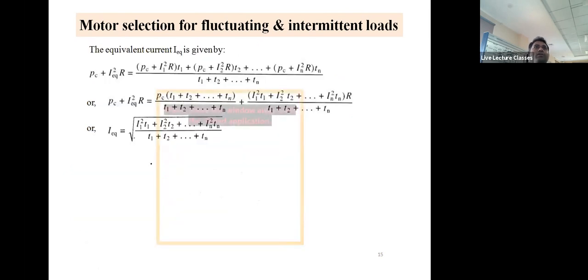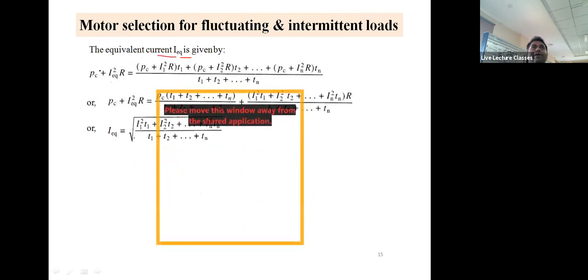So this is the formula which you can see here. The equivalent current IEQ is given by, this is the constant loss and this is the variable loss, equals, please see to this, the constant power loss PC plus I1 square R T1, that is I1 value for T1 seconds.